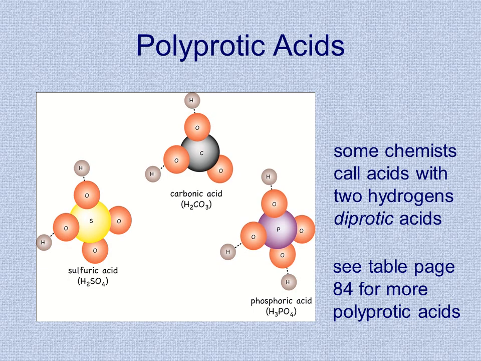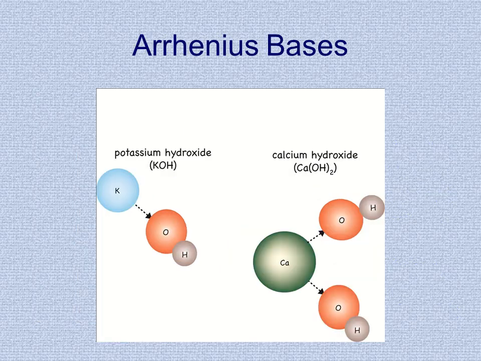They will release several hydrogen ions. Sulfuric acid can release 2. Carbonic acid can release 2. Phosphoric acid can release 3 hydrogen ions. Acids with 2 hydrogens sometimes are known as diprotic acids, di meaning 2. And you can see more of these on page 84 of your textbook.